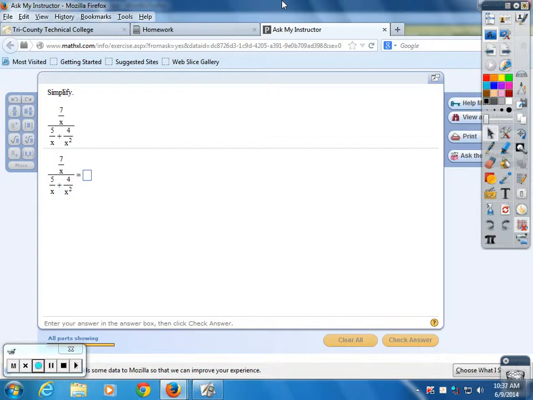7 over x over 5 over x plus 4 over x squared. Make everything a fraction. It already is. Find out what you need to multiply by. Put the baby step in there and do it.